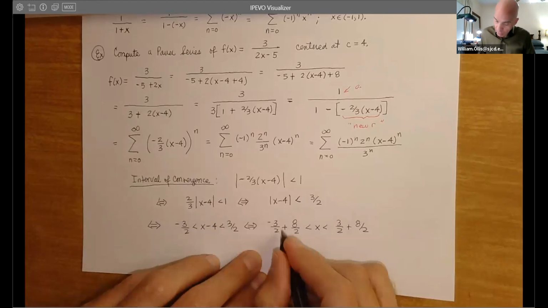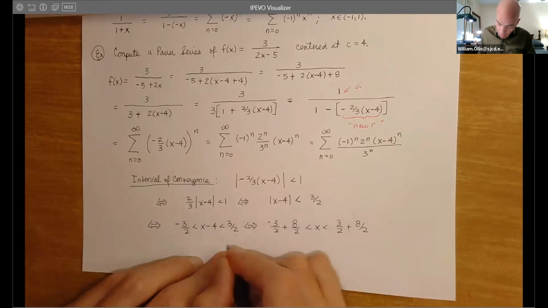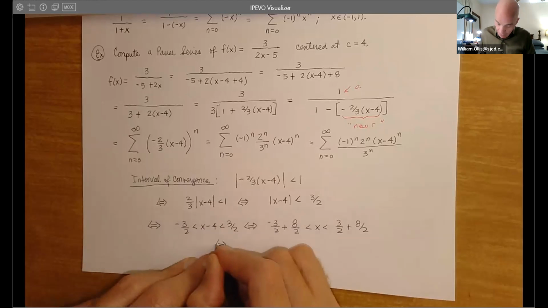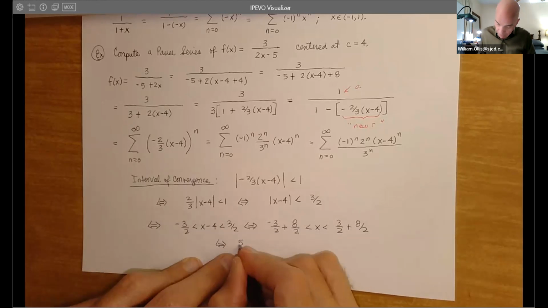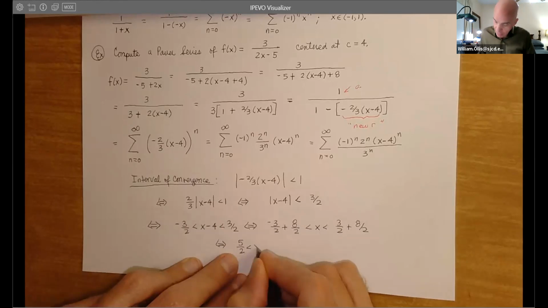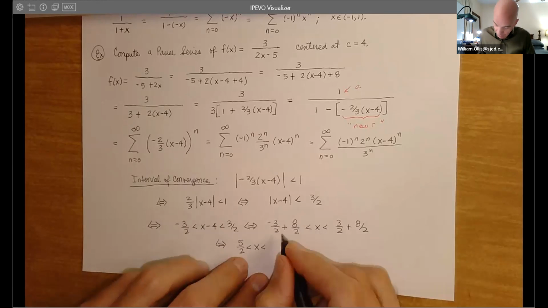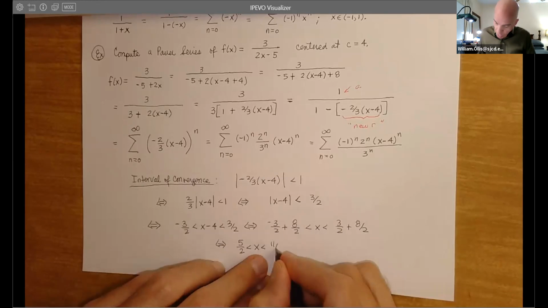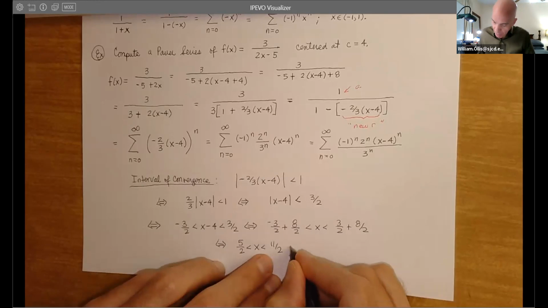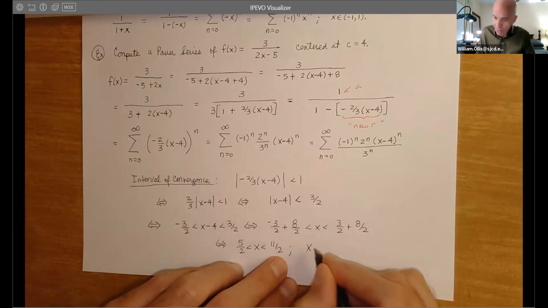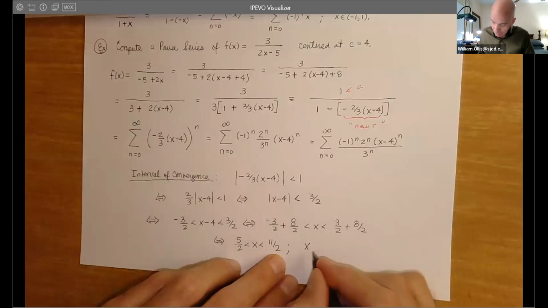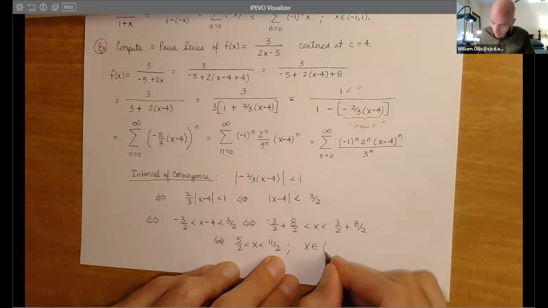So again, this will give us 5/2 less than x less than 11/2, if and only if x is an element of (5/2, 11/2).